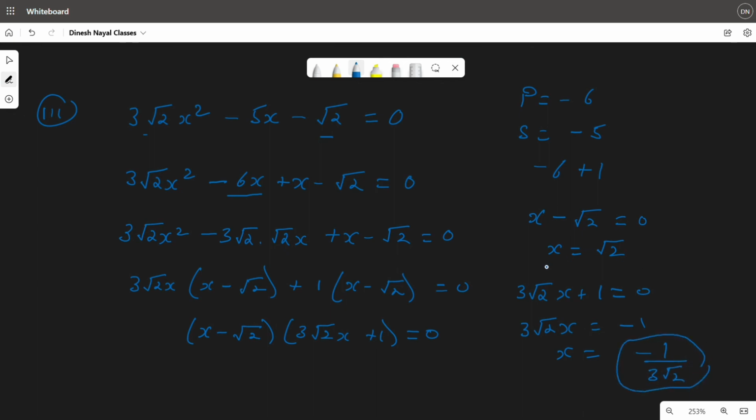So these two are the solutions: x is root 2 and x is minus 1 by 3 root 2. One point to be noted here is that we cannot leave root 2 in the denominator in the answer. So we will rationalize it. We take minus 1 by 3 root 2 and then multiply this.